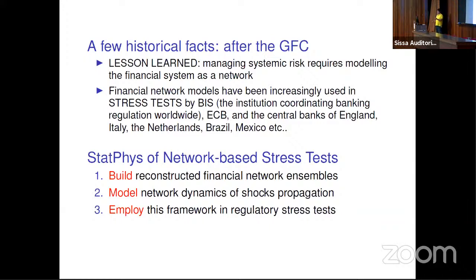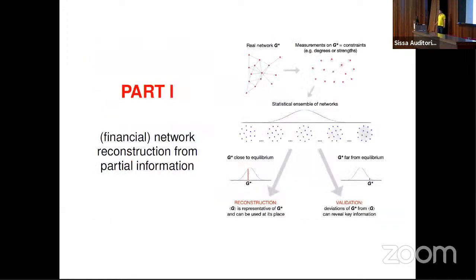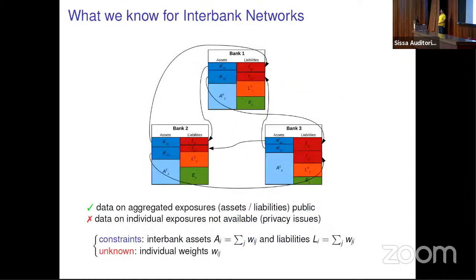At the end, I will try to show some example of practical application of this framework. So why do we need to reconstruct the network? We need to reconstruct the network because what is public information that banks give you is the aggregate balance sheet.